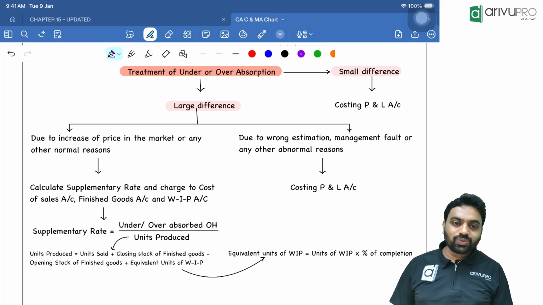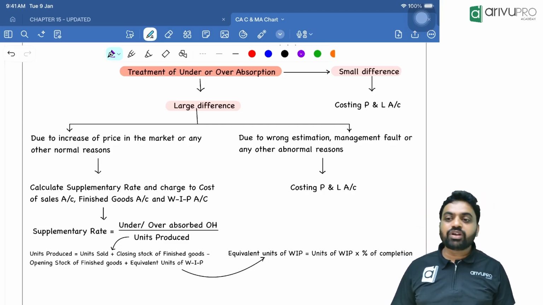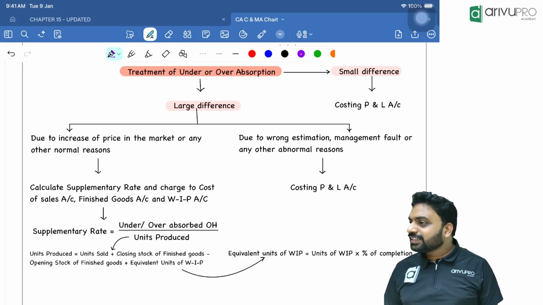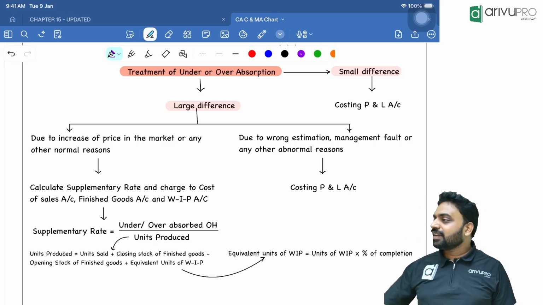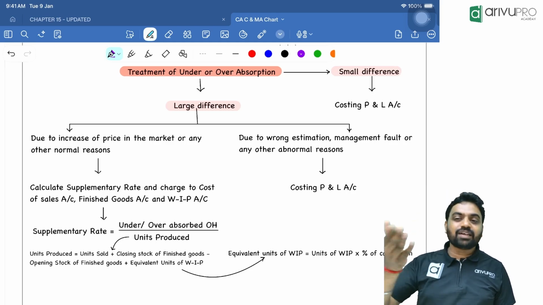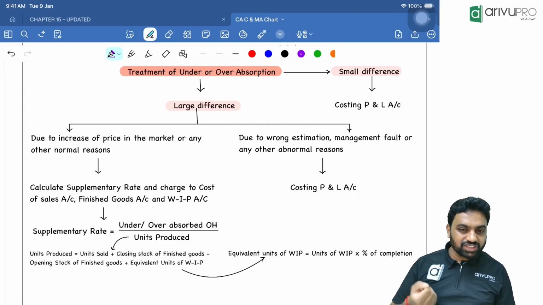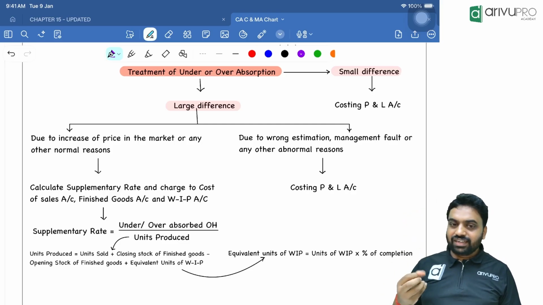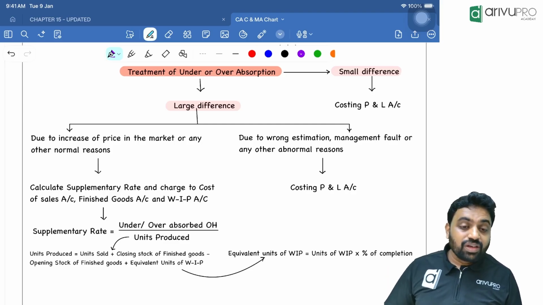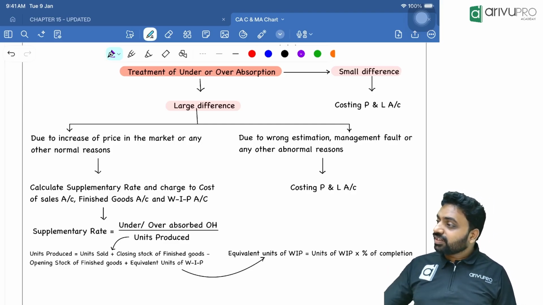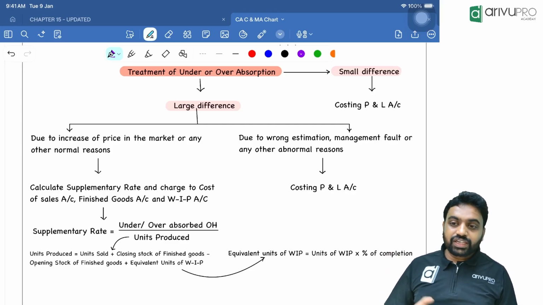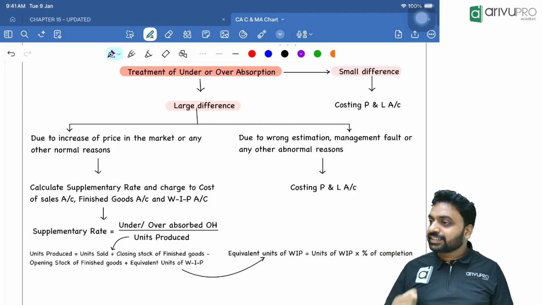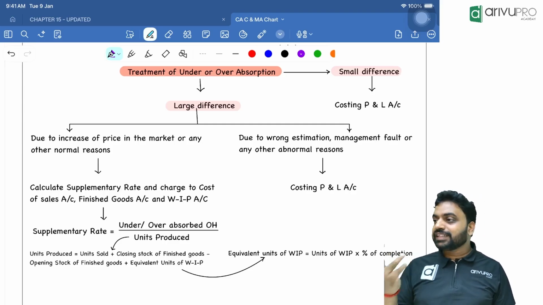Reasons could be two: normal reasons and abnormal reasons. Normal reasons are what, sir? Increase in prices, increase in material, labor cost, other overheads, etc. One is due to normal increase. One more is that what you estimated itself is wrong. Rent of this building was supposed to be estimated at 60 lakh, but you estimated 6 lakh.